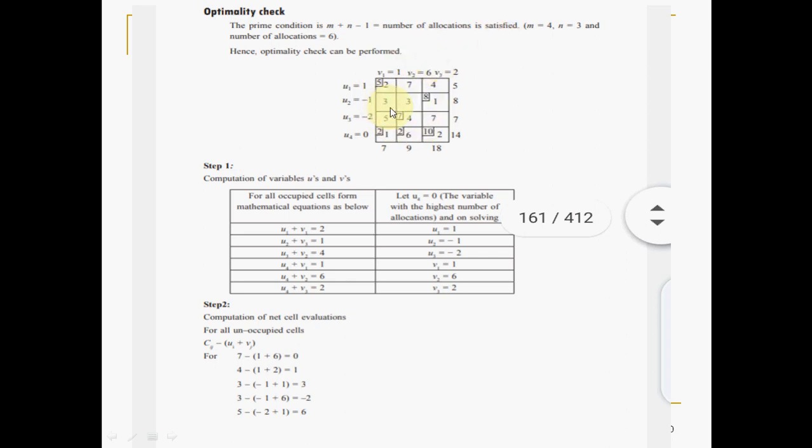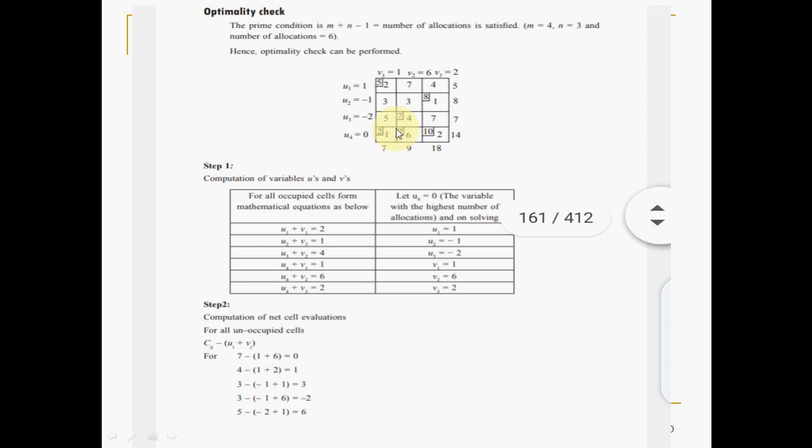It will not form a loop, I am sure, but if at all it is forming a loop, then you have to see the next least. Loop means if you put epsilon here, it should not form a loop in any direction, like this or like this. Check it. Epsilon you have to put in a least unoccupied cell which will not form a closed loop.